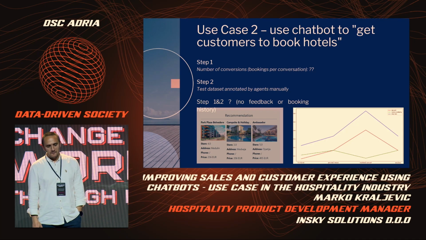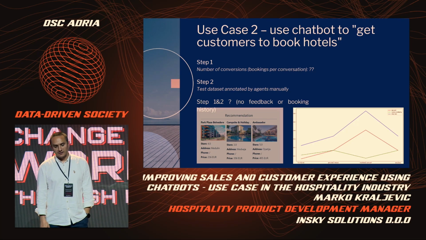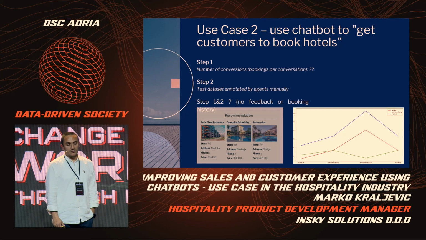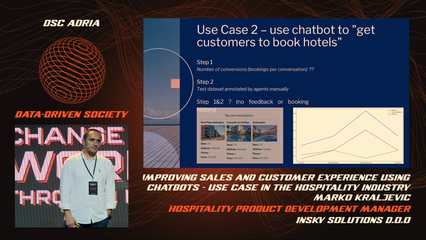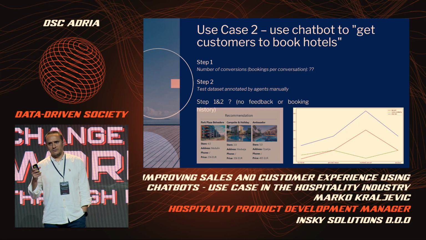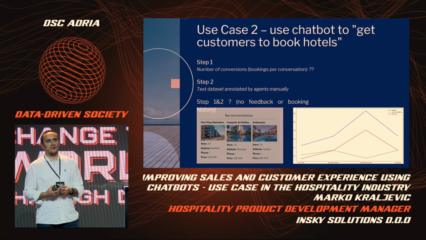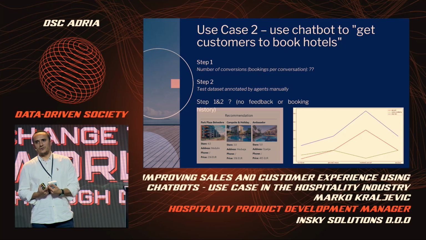Regarding the analytics and the chatbots, the first step is the number of conversions. It doesn't matter how many people have a conversation through the chatbot; we look at how many people make a reservation through it.